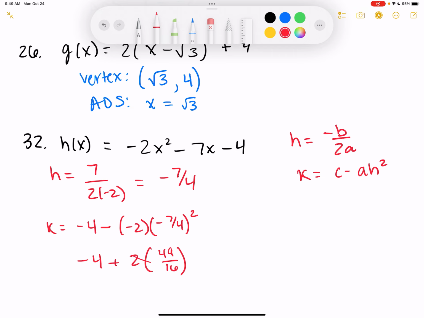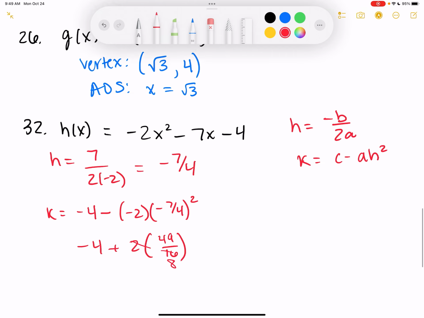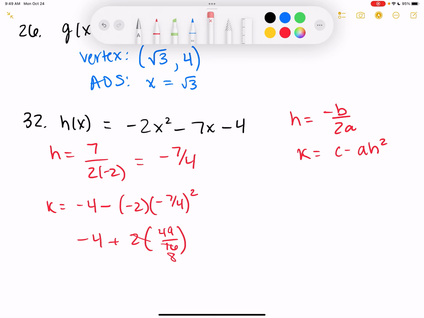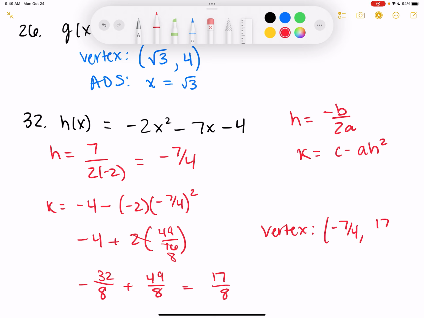So that's going to be 49 over 8 when we cancel the 2. Negative 32 over 8 plus 49 over 8 equals 17 over 8. So my vertex is negative 7 over 4 and 17 over 8.